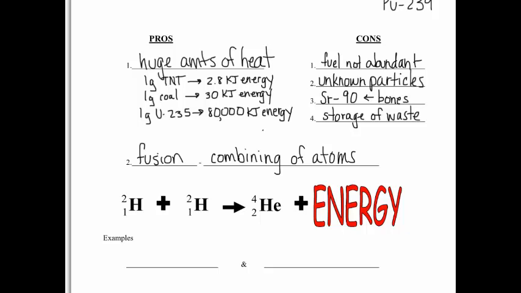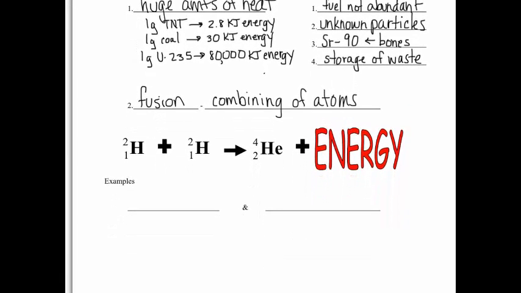And in this reaction, you can see here's an example of it. We have a hydrogen atom and another hydrogen atom. And when we make them fuse, look what we get. Helium. Completely harmless helium. It's awesome. And huge amounts of energy, even more than what we get from a fission reaction.